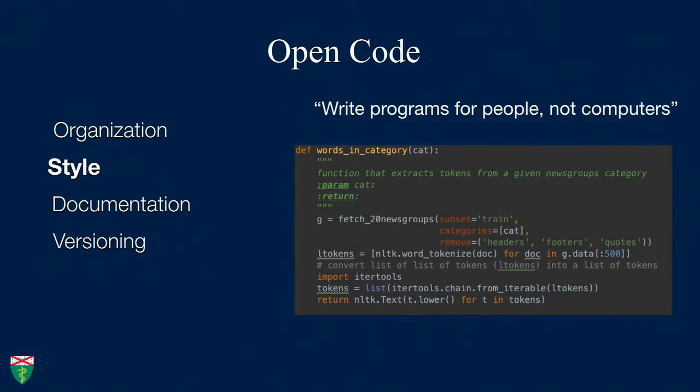The other thing is about style. And again, this is not the expectation that you're going to be doing coding yourself, but you should ask of your statistician, your programmer, whoever's doing the analytic work, that they write good code that is well documented, that has some type of functional style to it. You want to be able to at least look through the code and see what's going on. You should be able to read through and say, oh, this function is doing this for our task, this is doing that for our task.